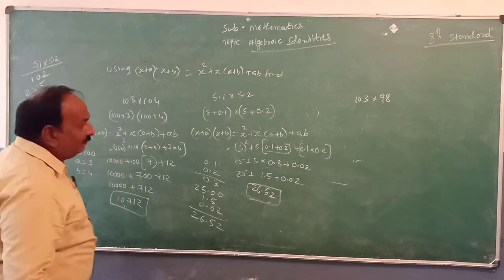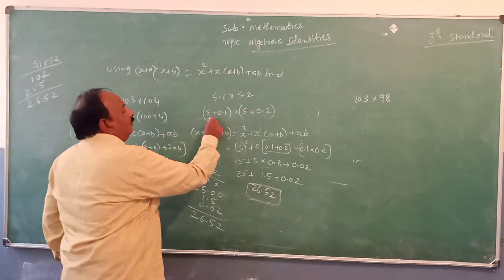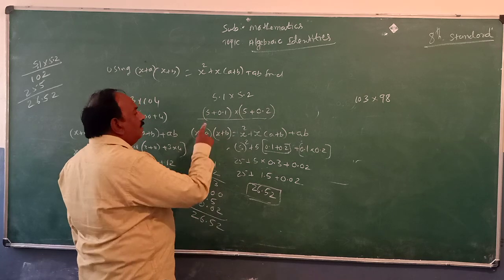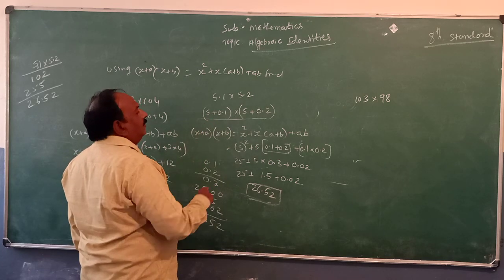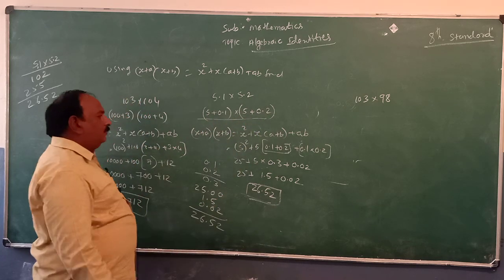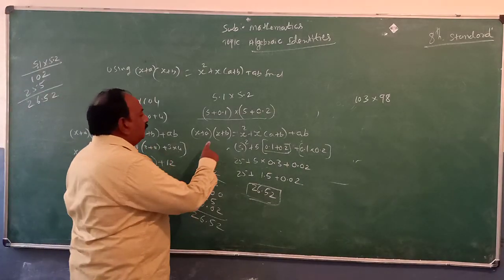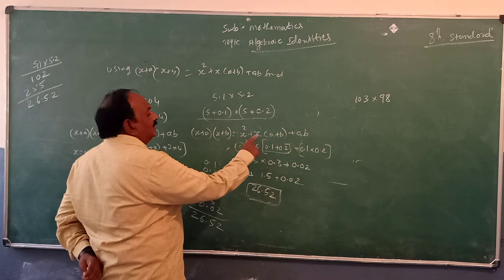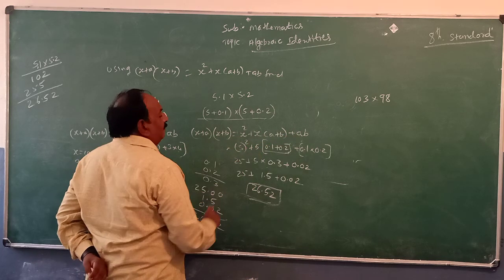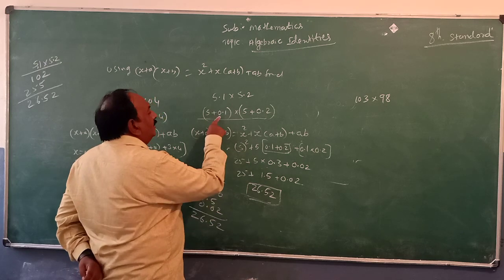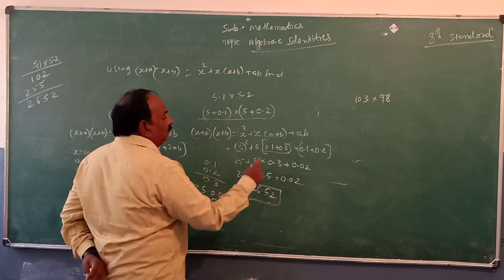Before going to that one, I am going to explain it once again. 5.1 can be written as 5 plus 0.1, and 5.2 as 5 plus 0.2. This is of the form (x + a)(x + b) = x² + x(a + b) + ab. x is 5, a is 0.1, b is 0.2.